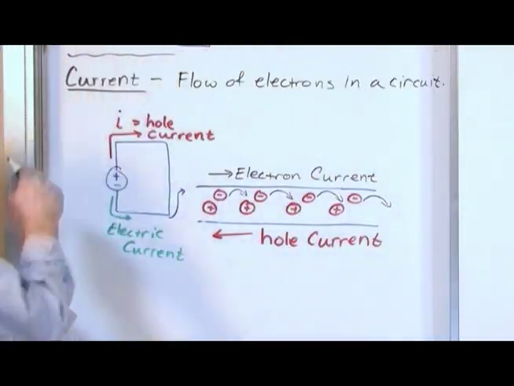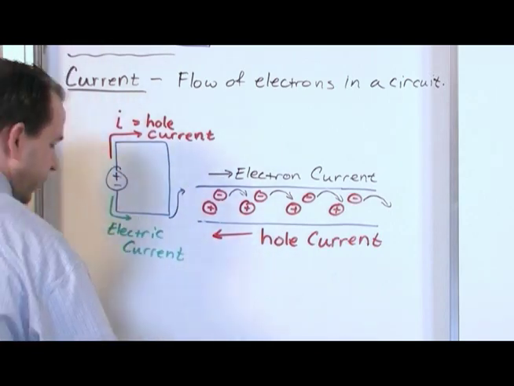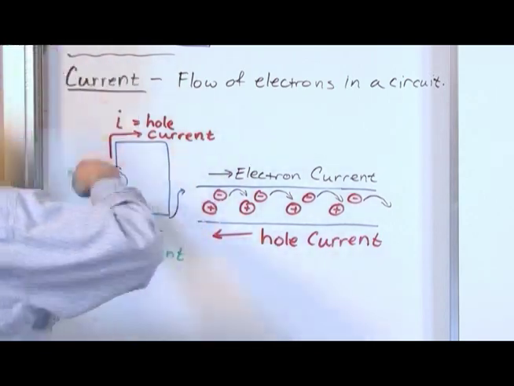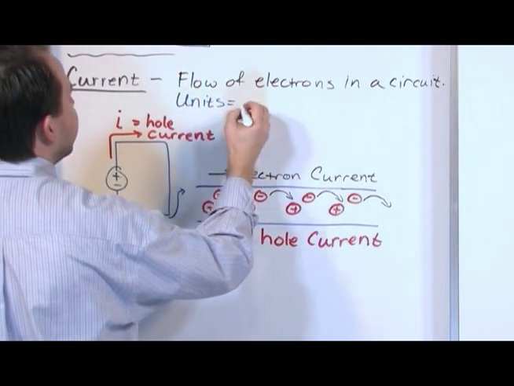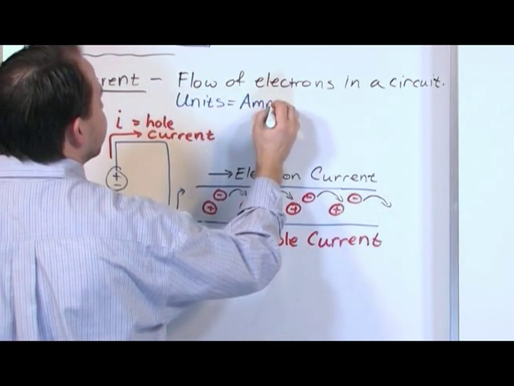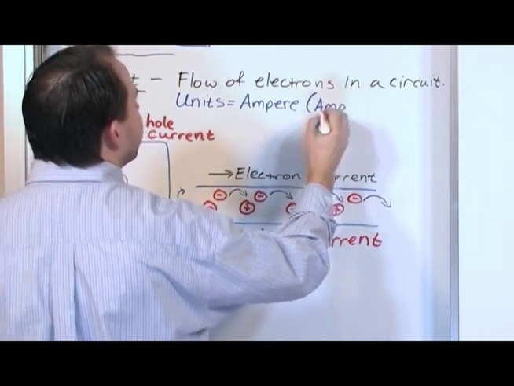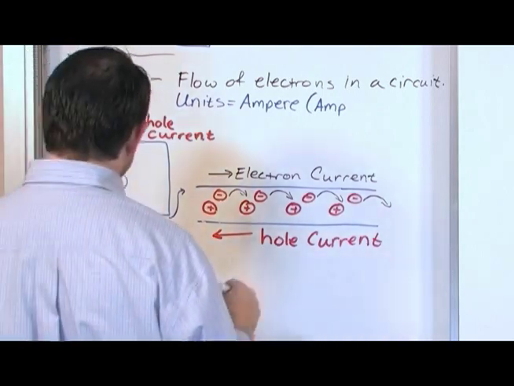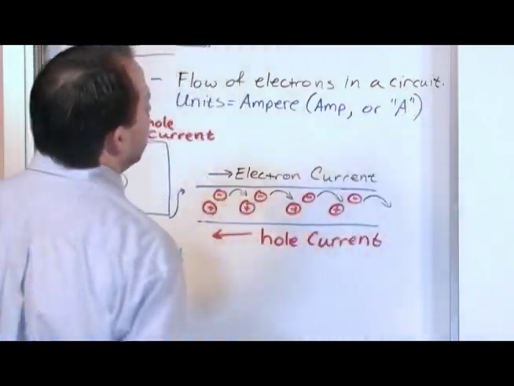Now, what are the units of current? A lot of you have already heard this. Let's go ahead and change colors a little bit. The unit for current is the ampere, which is also called an amp, or you can call it simply A, right?